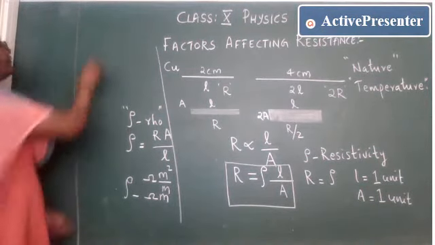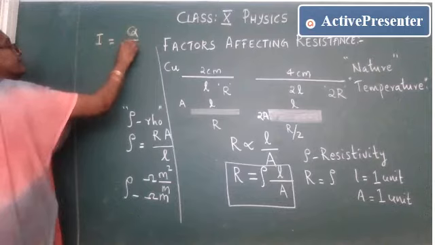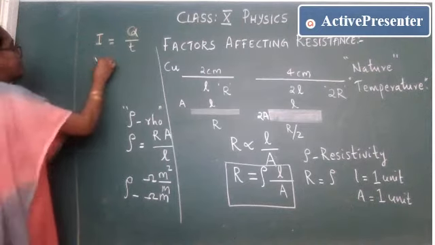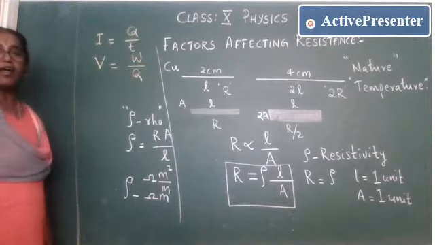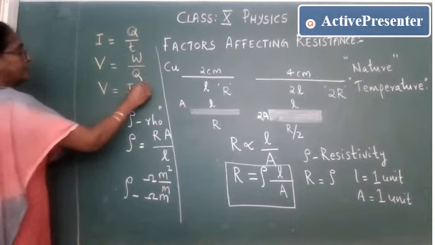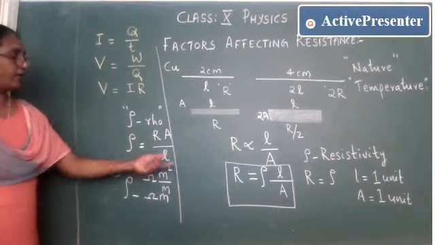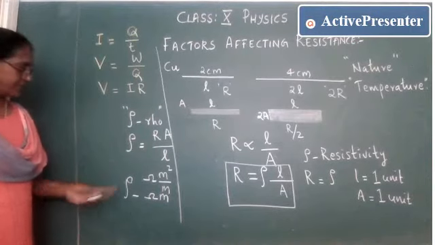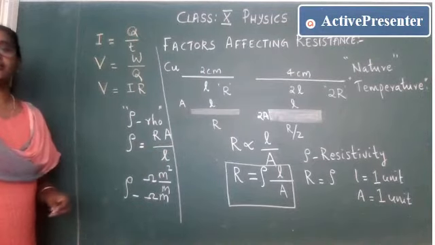The first equation is I is equal to Q by T. Then potential difference V is equal to W by Q, and Ohm's law V is equal to I R. Now we have learned the equation rho is equal to R A by L, or R is equal to rho L by A. The unit for resistivity is ohm meter and the unit for resistance is ohm.